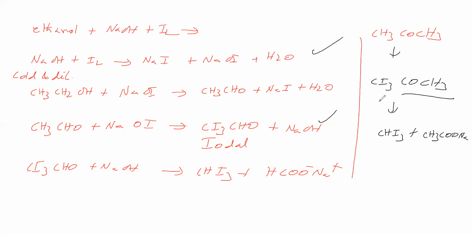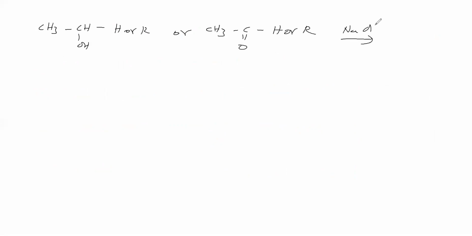So to prepare iodoform, what do we have to do? You take the group CH3CHOH-R, or otherwise CH3-C=O-R. Like this group you take. To this, you add sodium hydroxide and iodine.